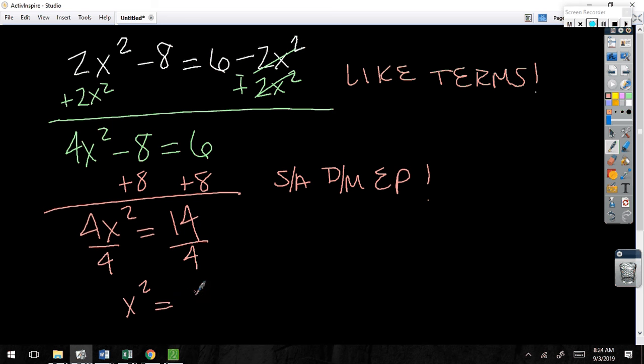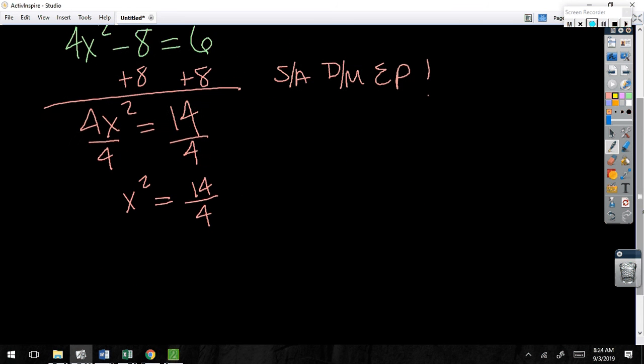I'm going to leave it like this just for a minute so that whenever I come through and take the square root now, when you're dividing or multiplying inside under the radical, you can do them separately. So I can get the square root of 14 over what? 2.